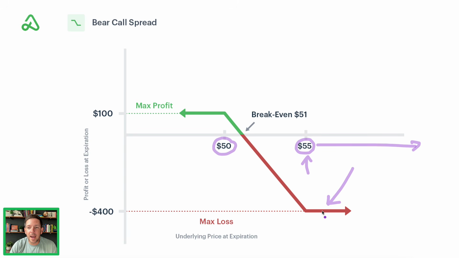Your position is capped because you bought that call option at 55. All you're essentially trying to do is build a position where you can allow the stock to go higher. If it was at 45, allow the stock to go higher, maybe even trade around the same range, and then hopefully move back down, or at least not go too high, and then you make a profit on this trade, okay?